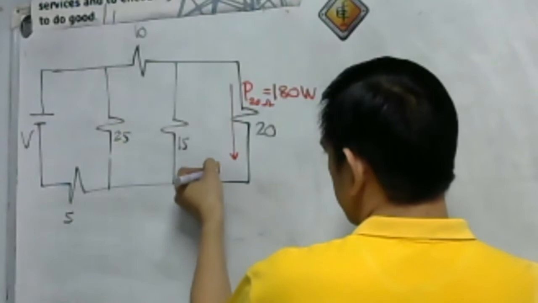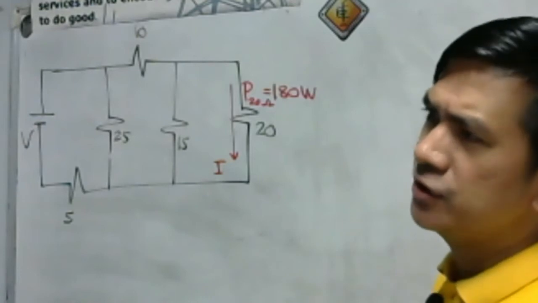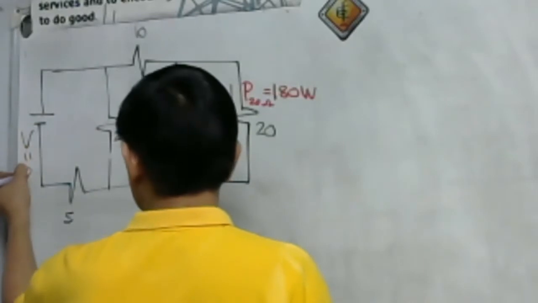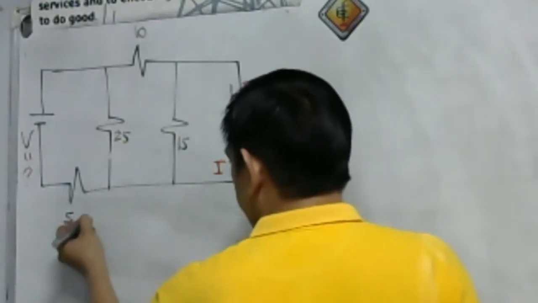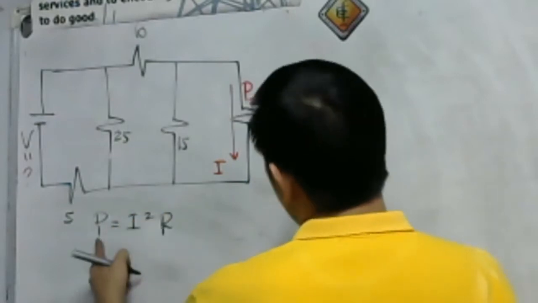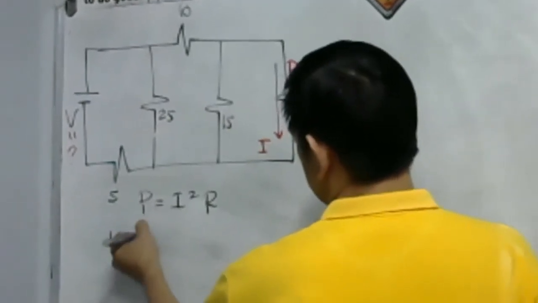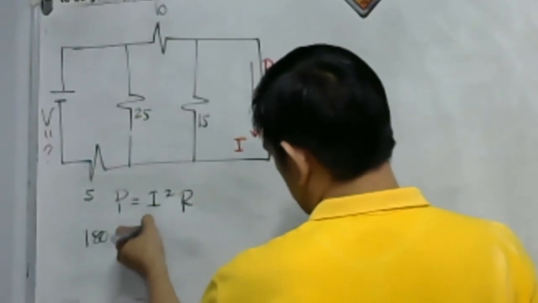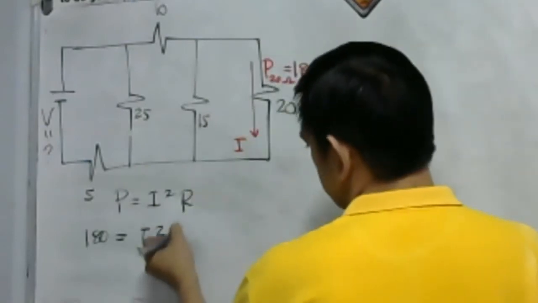Let's say we have current I. Again, the question is the supply voltage E. Let us get first our I. Our power is equal to I squared R. Our power is 180 watts, that is equal to I squared R, which is our 20 ohms.